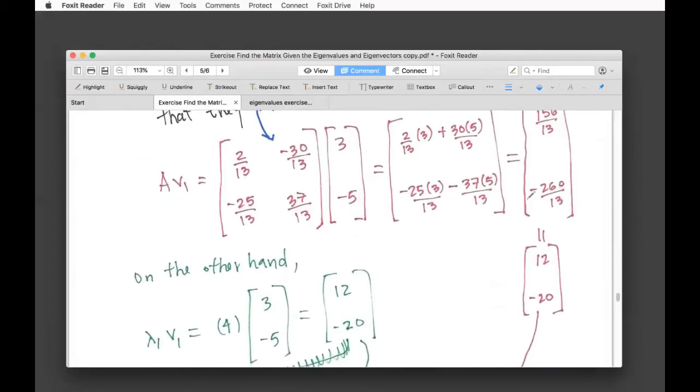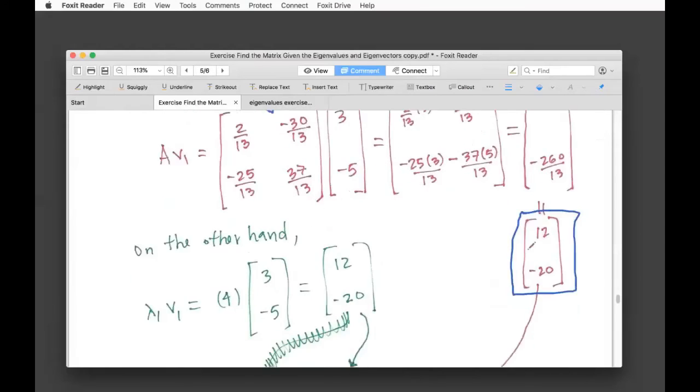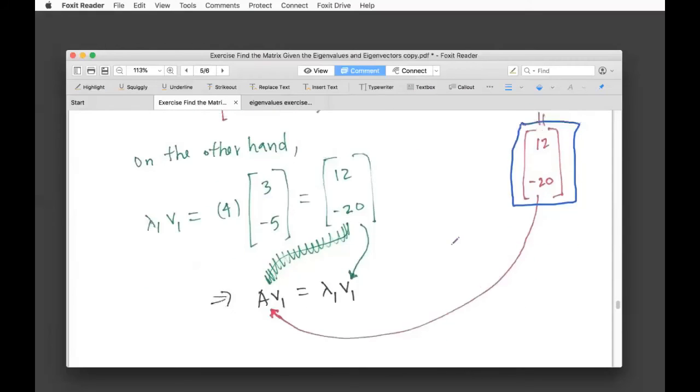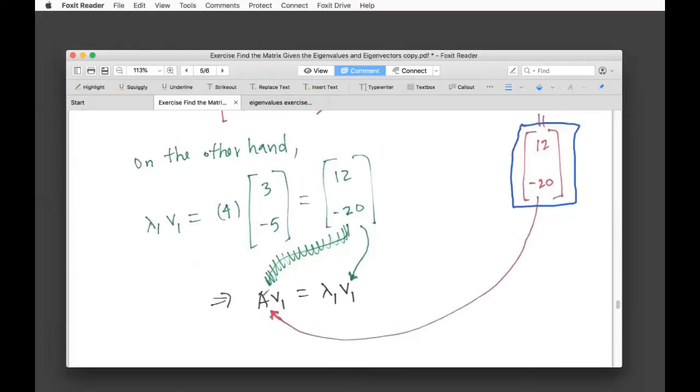That gives you a vector with entries 12 over 20. And if you compute lambda 1 V1, here's lambda 1, 4, times the vector 3, negative 5, that also gives you this vector. So this confirms that A V1 matches lambda 1 V1.